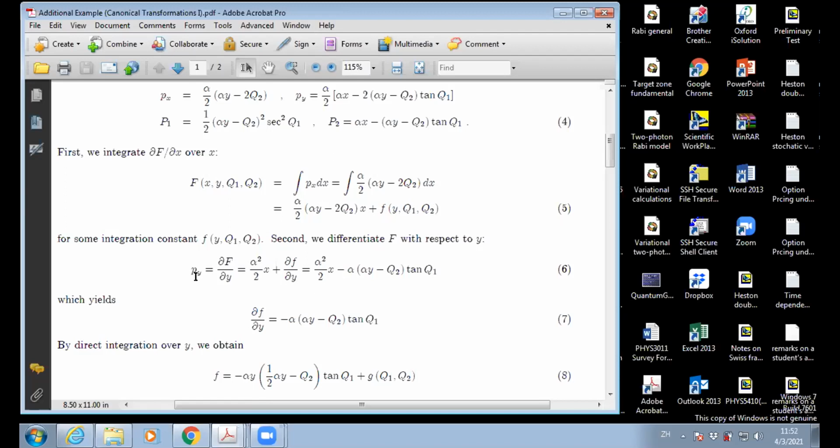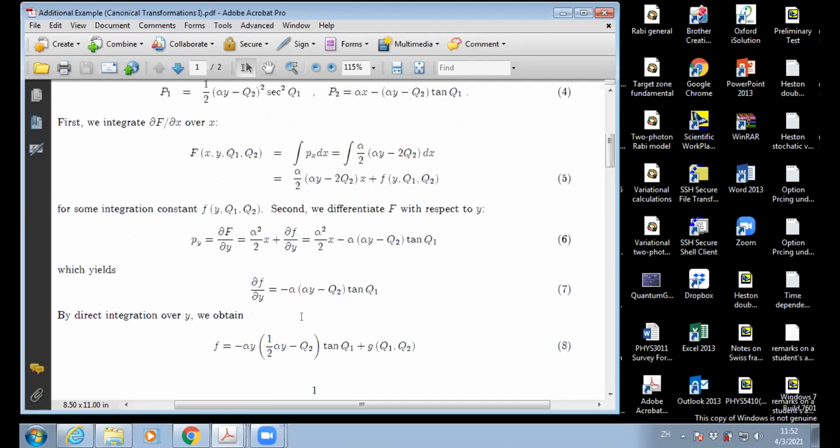And we know that py is equal to alpha squared over 2 times x minus alpha times (alpha y minus Q2) times tangent Q1, as shown here. This is py. So we compare both sides of equation 6 and we obtain ∂f/∂y equal to minus alpha times (alpha y minus capital Q2) times tangent capital Q1.